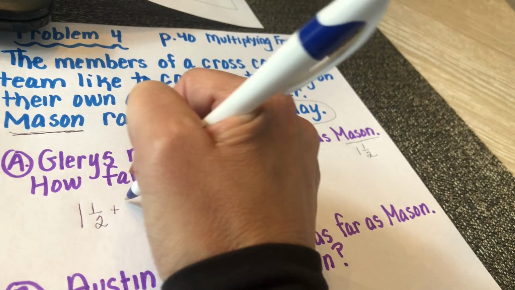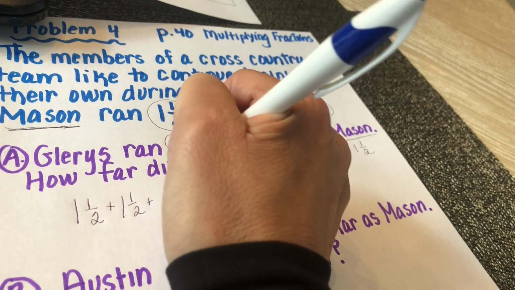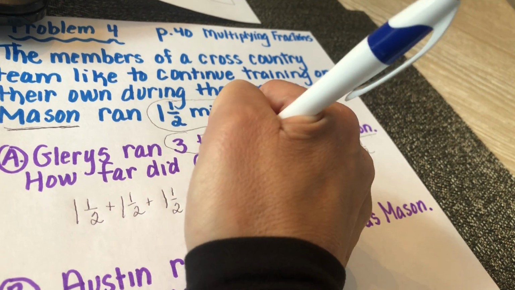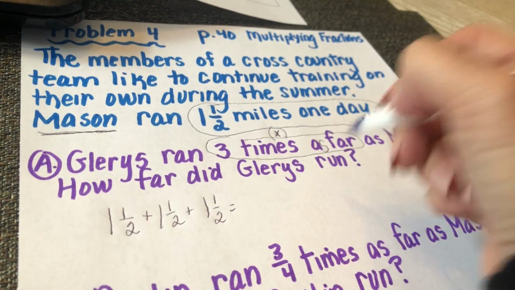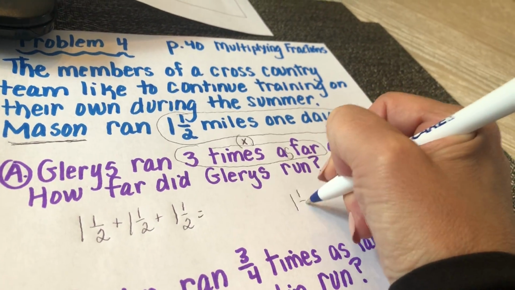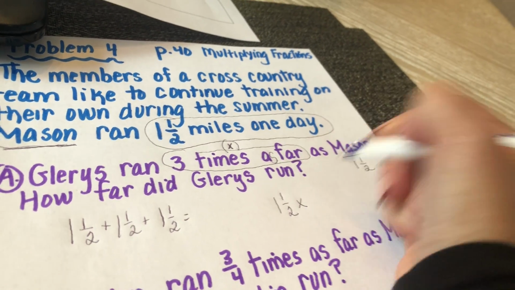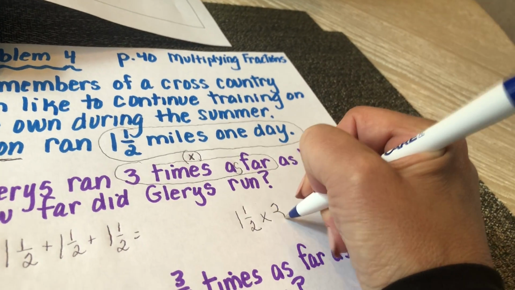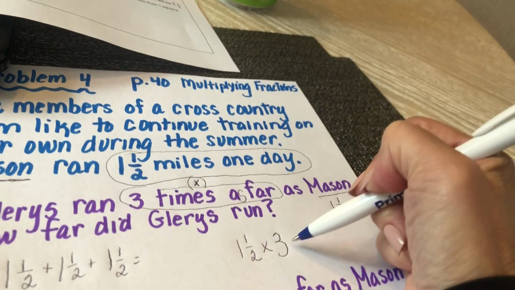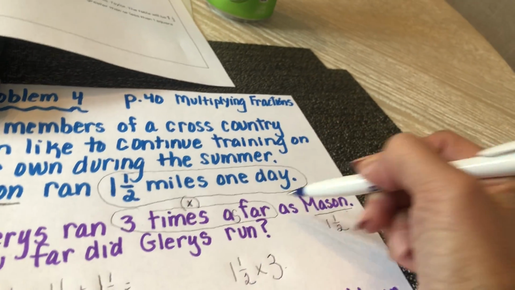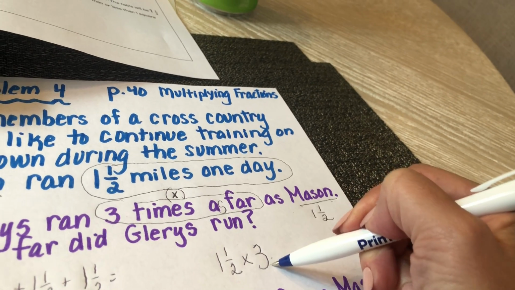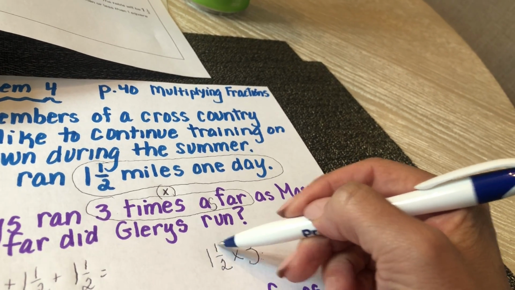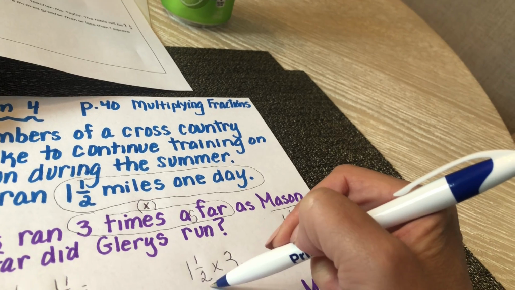1.5 plus 1.5 plus 1.5. Now we could do it this way, or there's another way we could do it. We could do 1.5 multiplied by 3. This 3 is for the 3 times as far as Mason. Clarice ran 3 times as far, and Mason ran 1.5 miles.